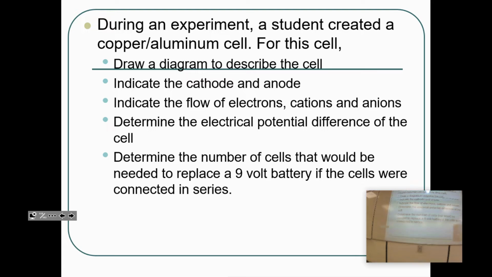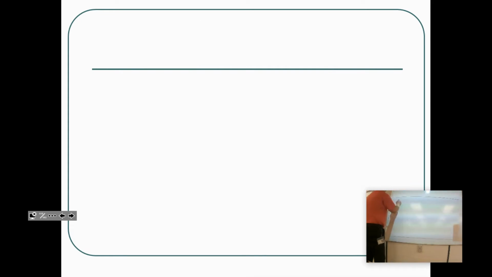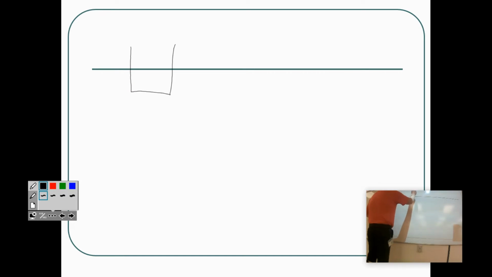Okay, so looking at everybody's work, it does look okay. I did like how everybody did this. We have a copper aluminum half cell. We need some type of salt bridge.